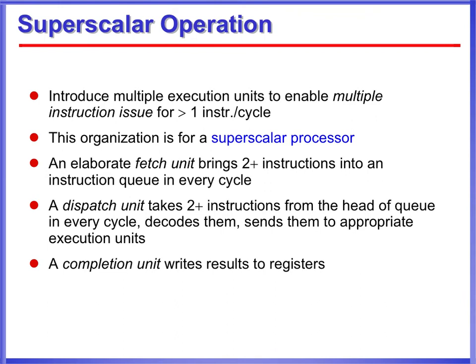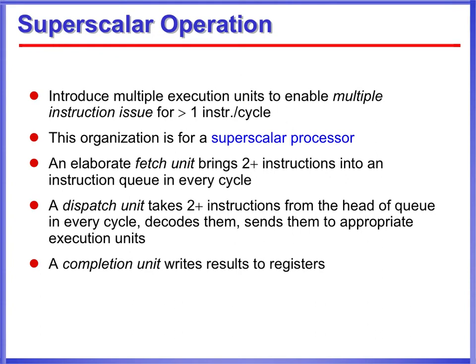Obviously, we're going to increase throughput. The same concept applies here: we're going to enable multiple instruction issue so that we can process more than one instruction per cycle. It's called a superscalar processor.